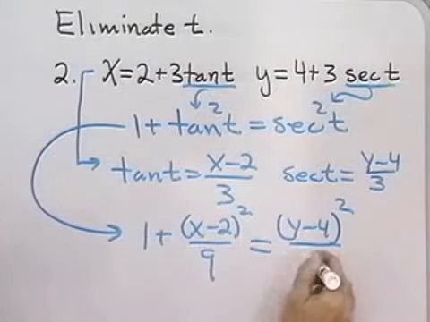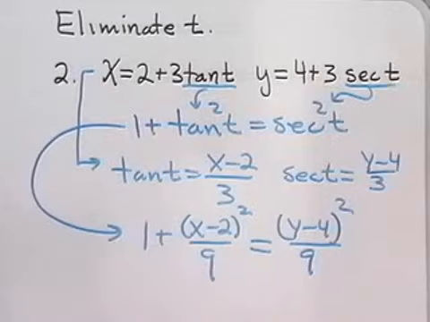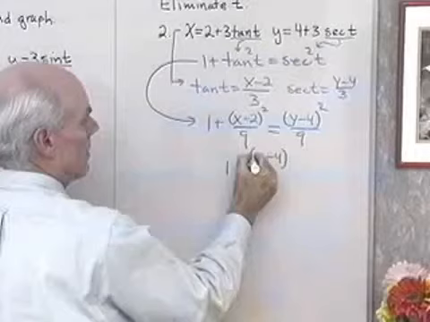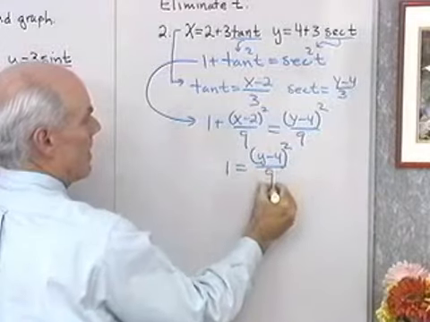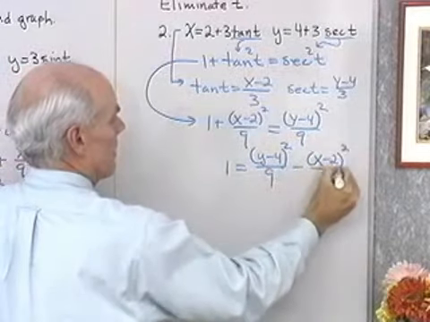Divided by 9. Now, if I multiply both sides of this by 9 and rearrange it a little bit, I'll end up with the equation of a circle. Well, not quite, I guess. I'm going to have 1 is equal to y minus 4 squared over 9 minus x minus 2 squared over 9.